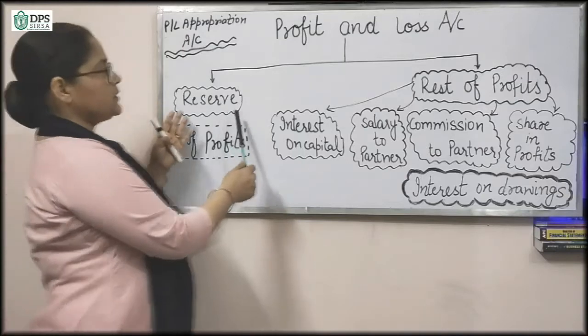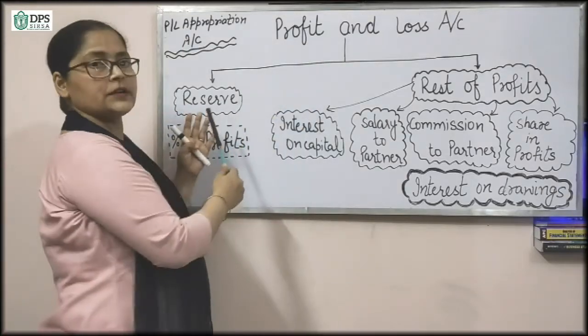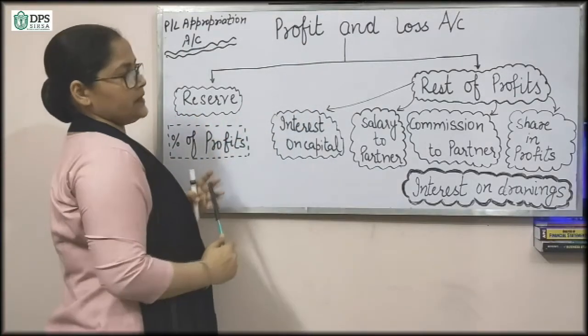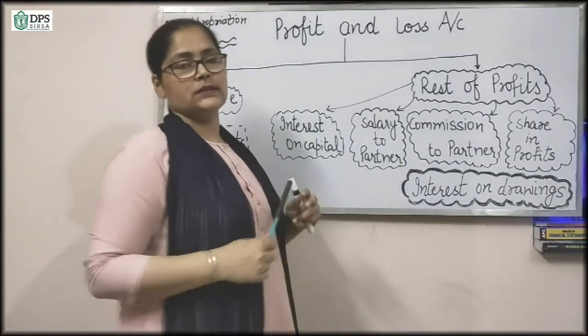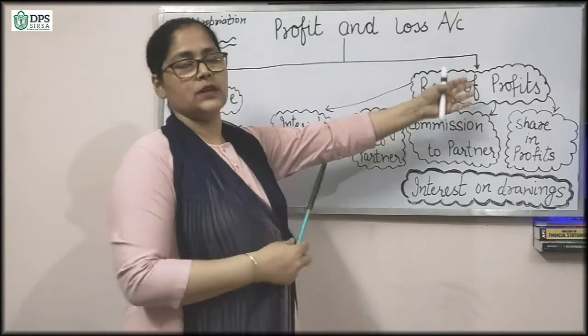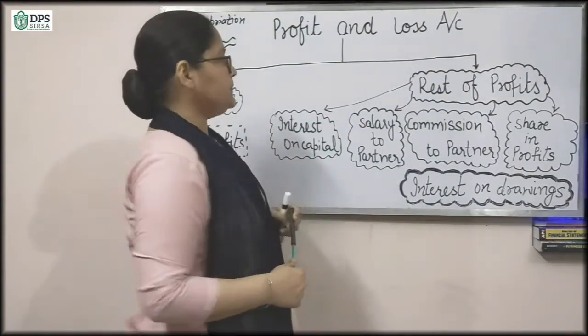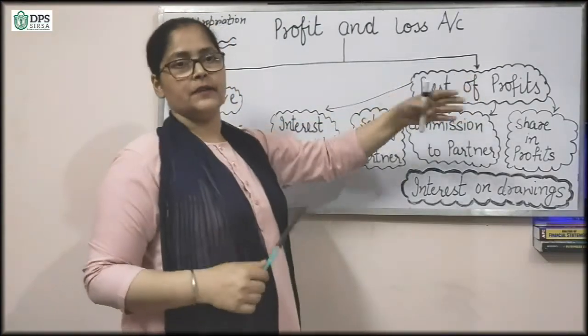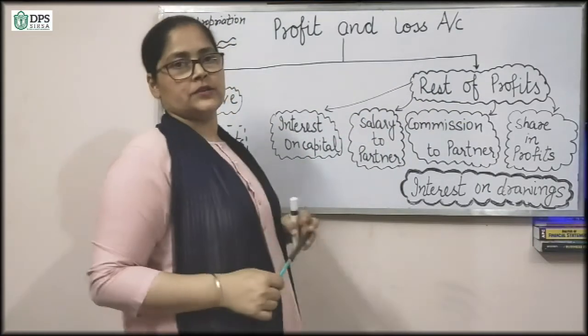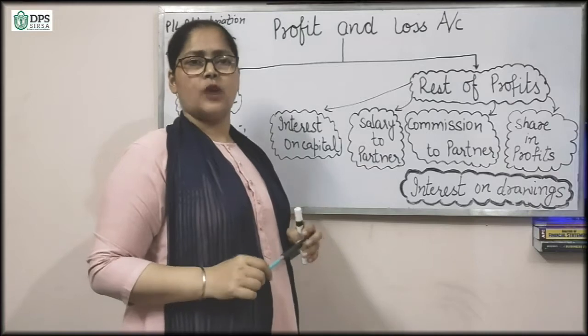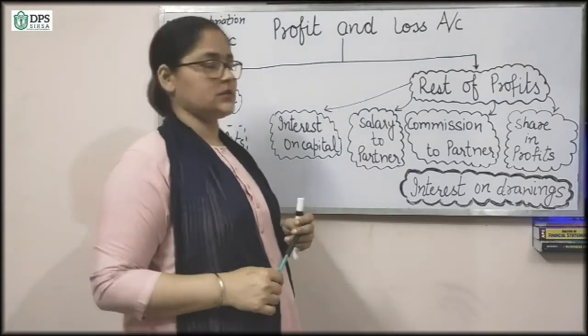So after the reserve that we create from this profit, the rest of the profits we distribute to the partners, and these profits divided between the partners are appropriations. We have already done this topic. What are the appropriations?